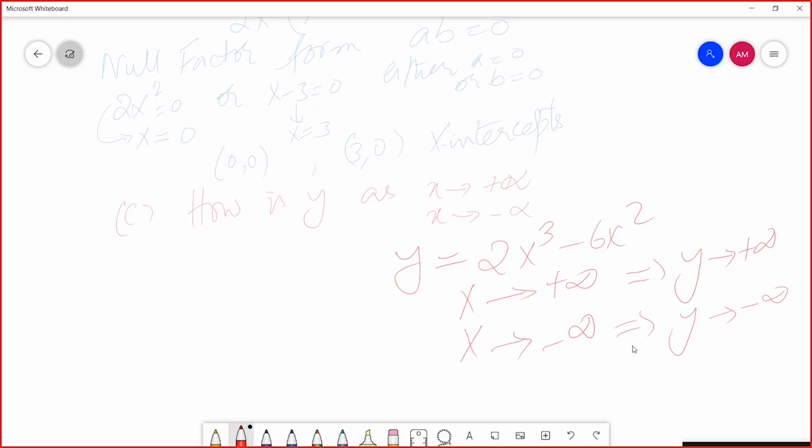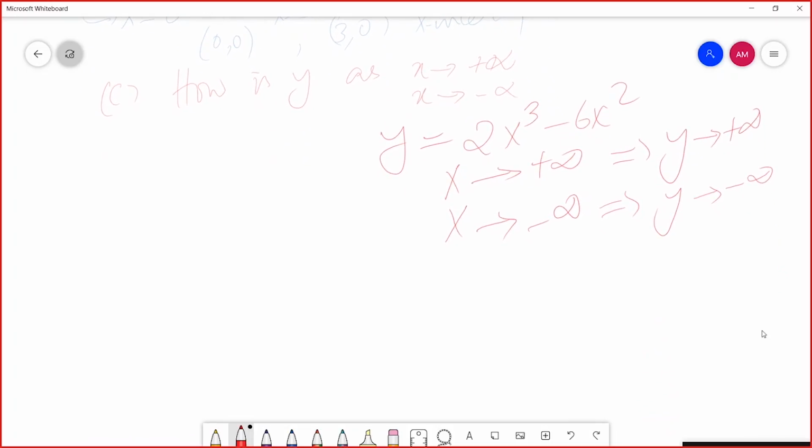Yeah, because here x square would be positive, and x cube is negative, so it is negative. So this is clear, right? So this is something we found out here.